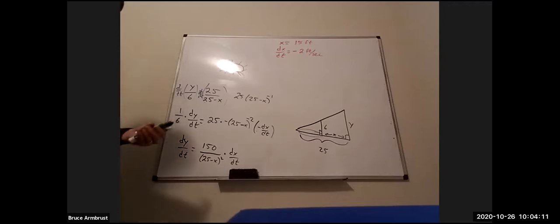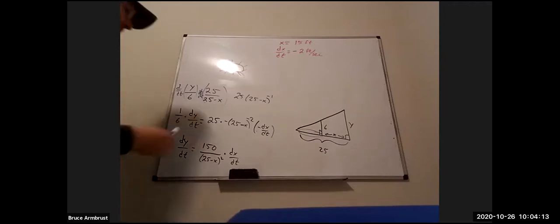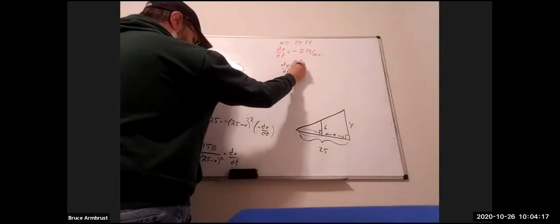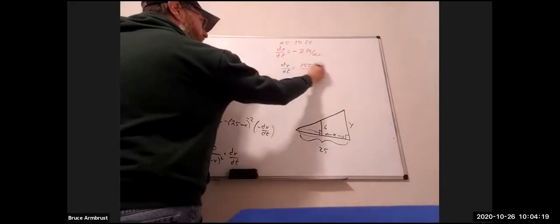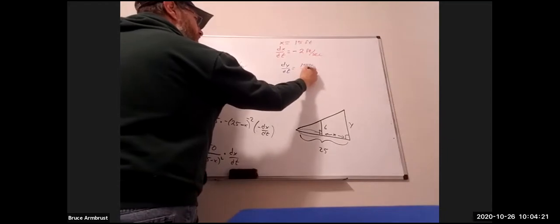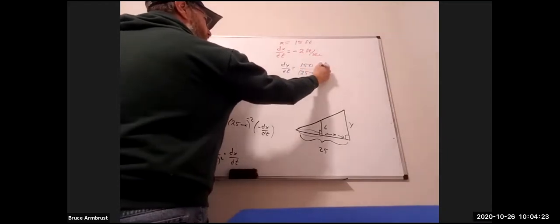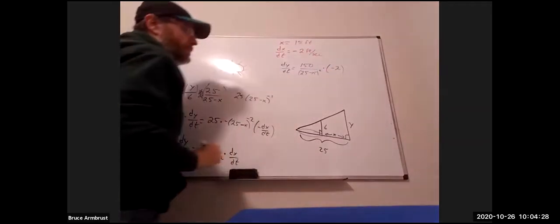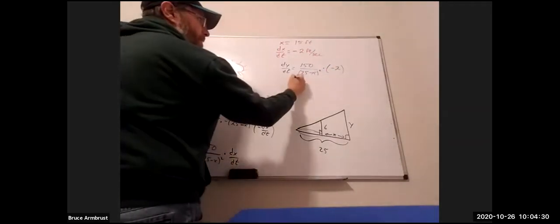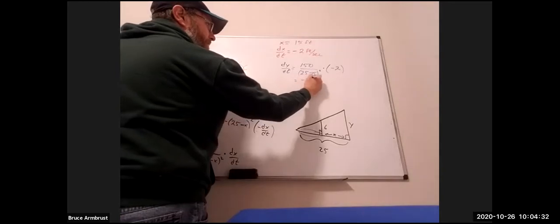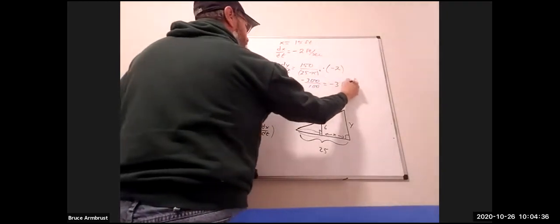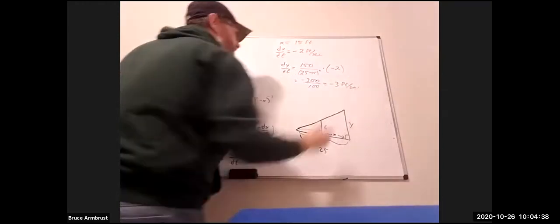All right, so let's see what that does for us then. So dy/dt is going to be 150 over (25 minus 15) squared times -2. So that's -300 over 100, or -3 feet per second.